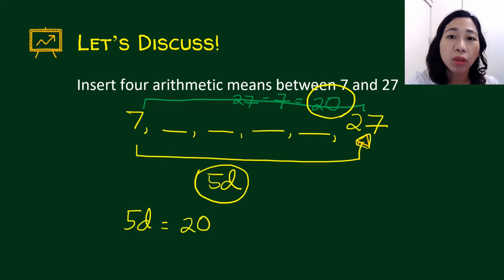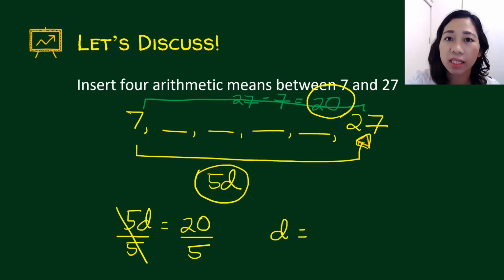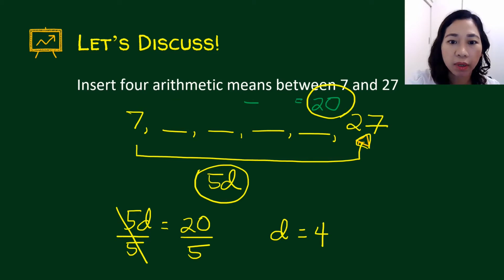So since we want to find D, because remember in our arithmetic sequence, once we know our common difference D, then we can get the entire sequence. So we divide both sides by 5. Alright, so divided by 5, we now get that D is equal to 4. So let us now complete our sequence. So we have 7, so our D is now 4.